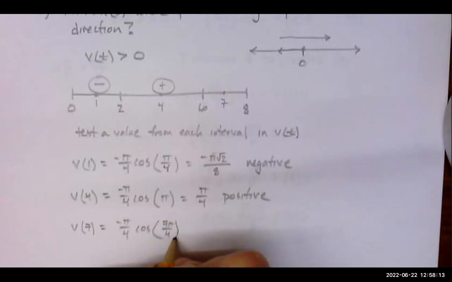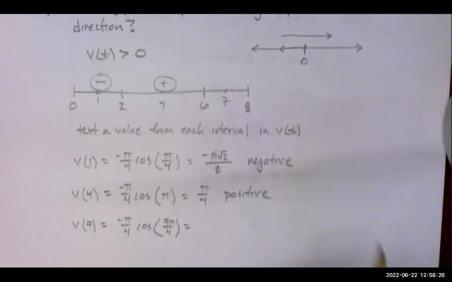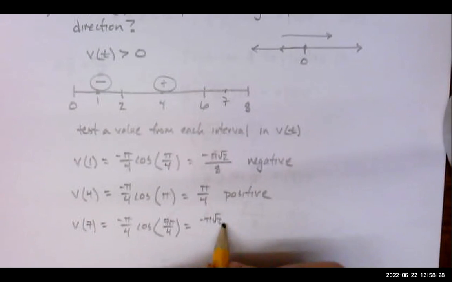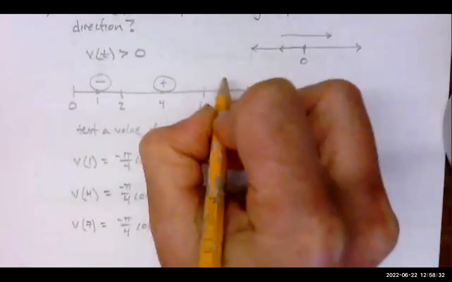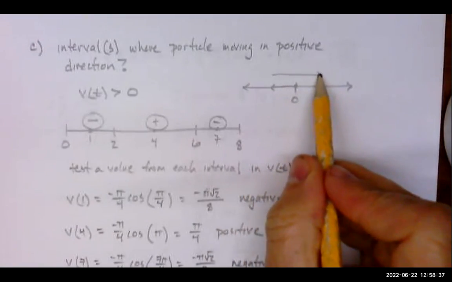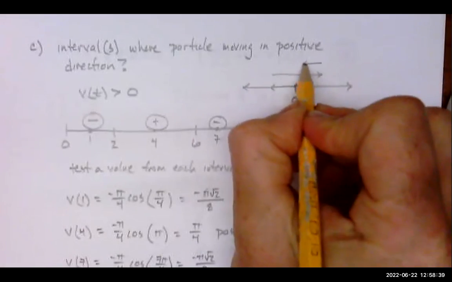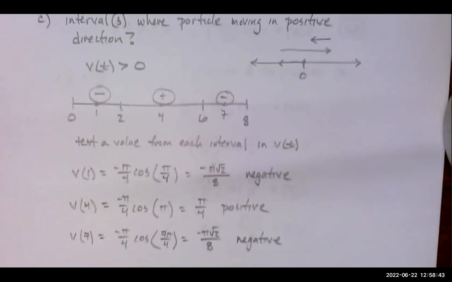Try 7. Plugging in 7 pi over 4, what's the cosine of 7 pi over 4? Positive root 2 over 2, the same as pi over 4. You get the same result here, negative root 2 over 8. So that's back to negative. So at 6 seconds it slows down, stops, and then the last 2 seconds it's moving back, and it might end up where it started.